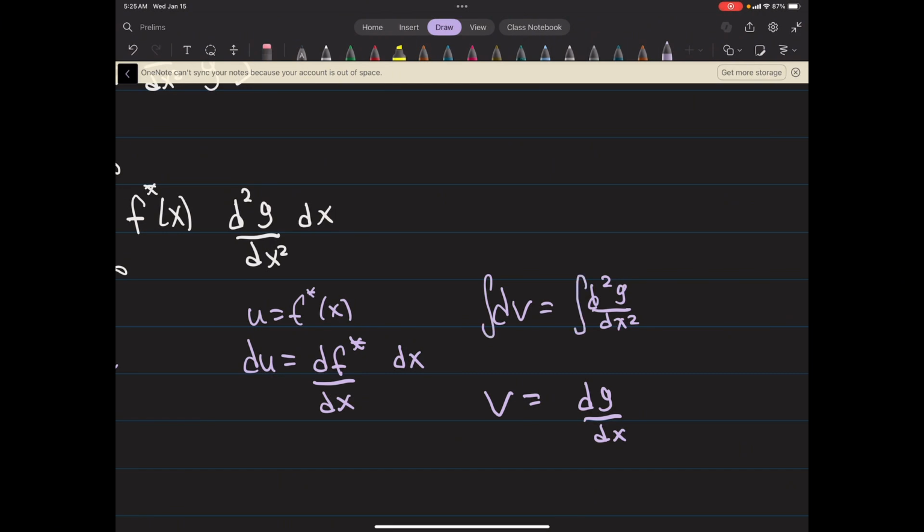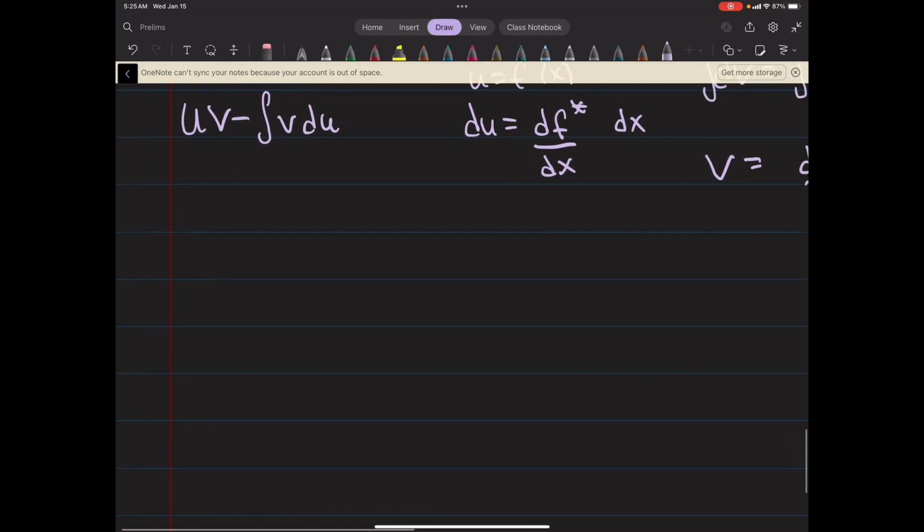Okay, so let's go ahead and plug this in. We have minus h bar squared over 2m. This is out front still. And then we have uv.